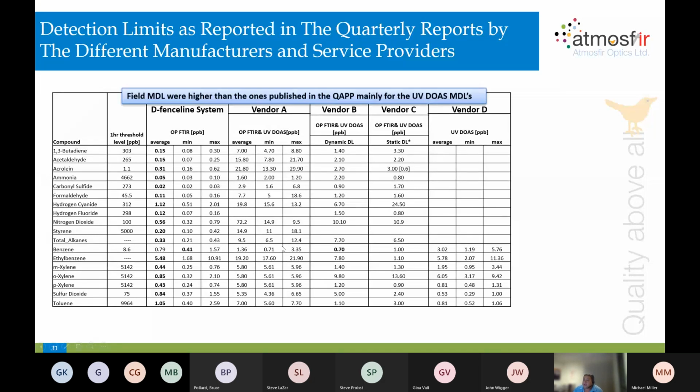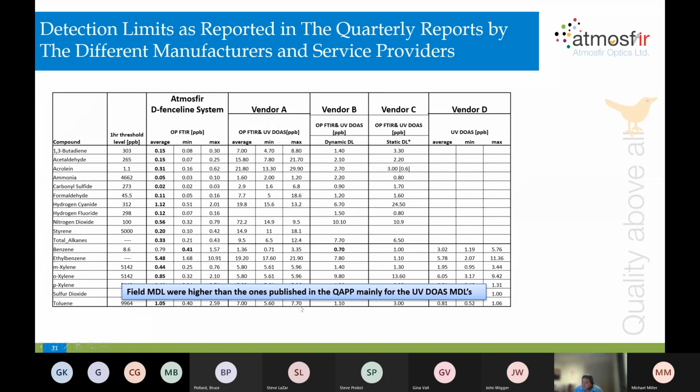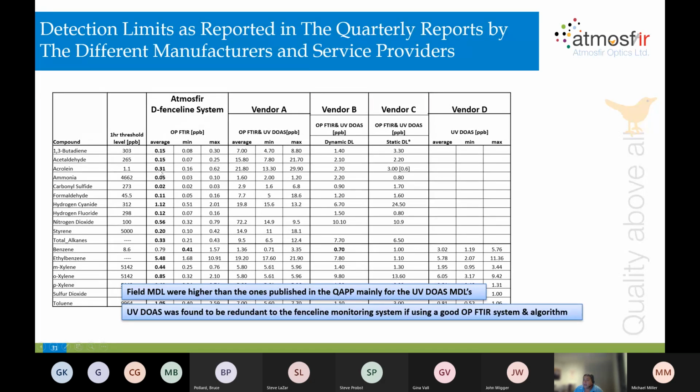And I think what you can see clearly is that, despite what people may think, UV DOAS was found to be redundant to the fence line monitoring system if using a good FTIR system and algorithm.